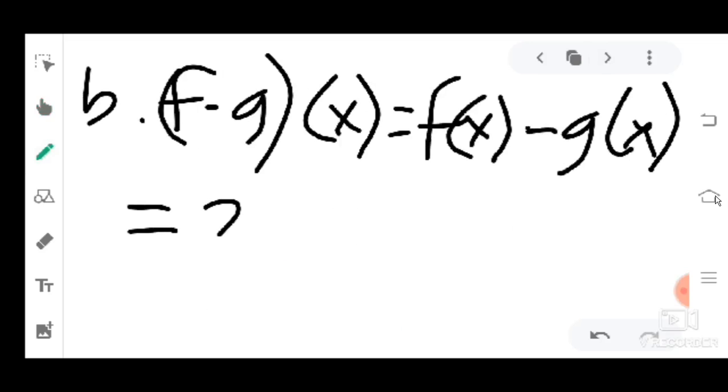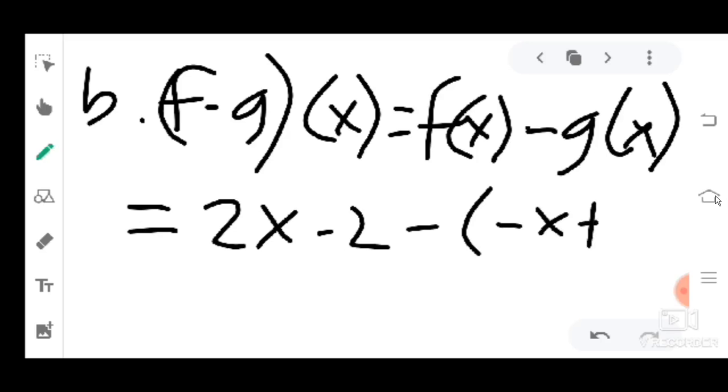So you have 2x minus 2 as your f of x, while you will have here negative of your g, which is negative x plus 1. So obviously, if you distribute this negative sign to each term in your g of x, it becomes plus x and minus 1.